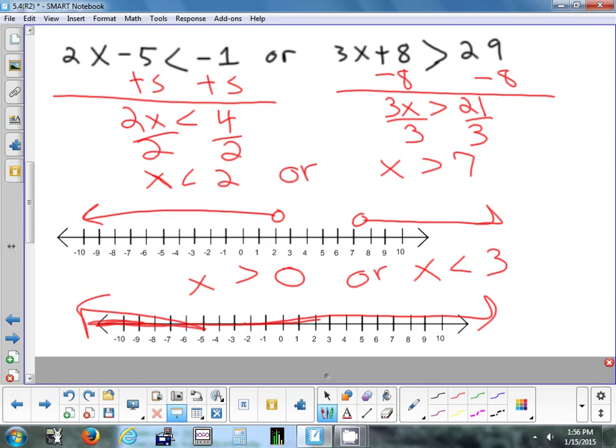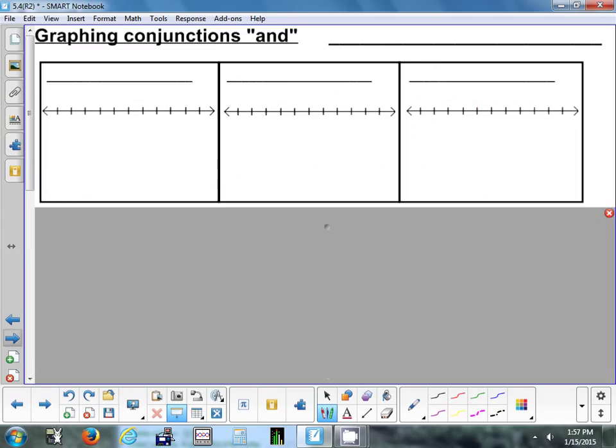If you maybe want to graph it a couple times and figure it out, that's fine too. But if it's an or statement, we're not looking for this. We're not looking for that. We're just looking for all real numbers. All right? So like I said, sometimes you have to plan it out. Okay? Everybody's good with this? I can move on? Okay.